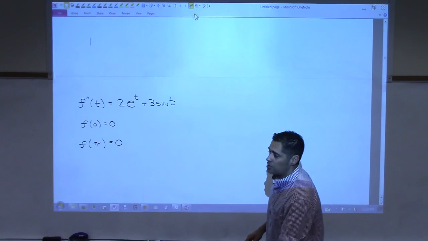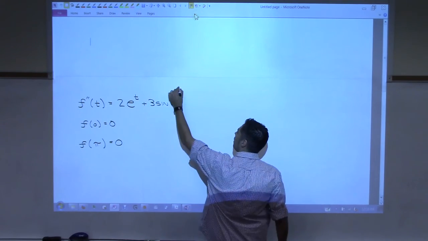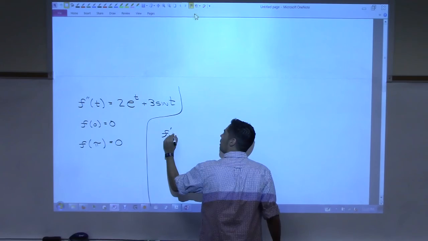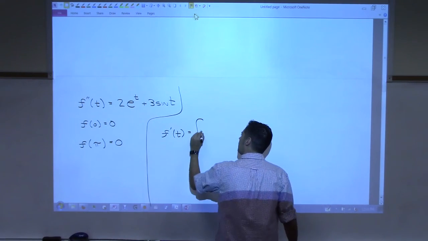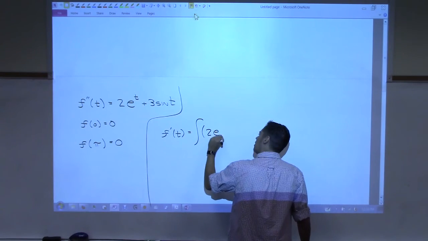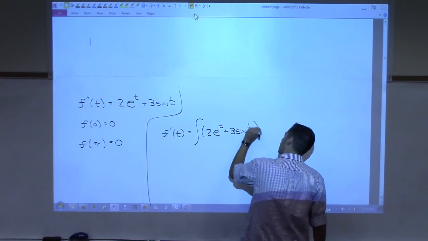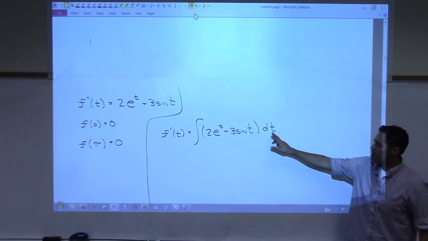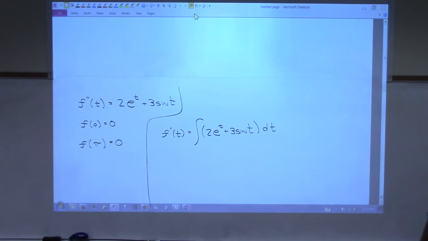All right, so let's go for this. What can you tell me about f prime? F prime of t, right, we're using t here, is the antiderivative of 2e to the t plus 3 sine t dt. See, I'm using dt instead of dx. All right, how about this?